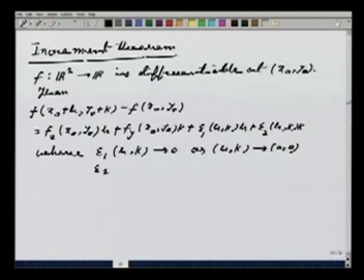Similarly, epsilon 2 of hk also goes to 0 as hk goes to 0, 0.